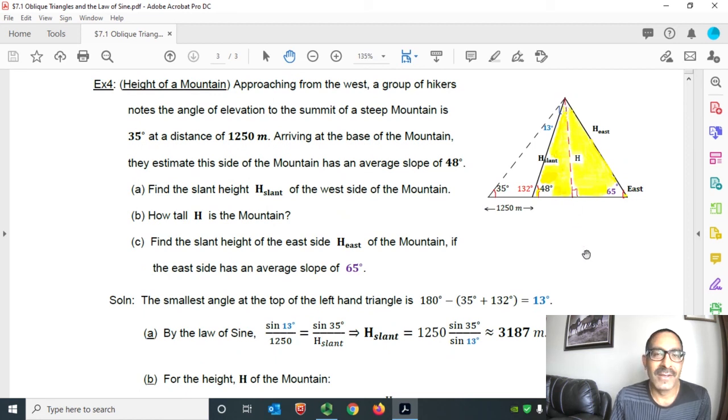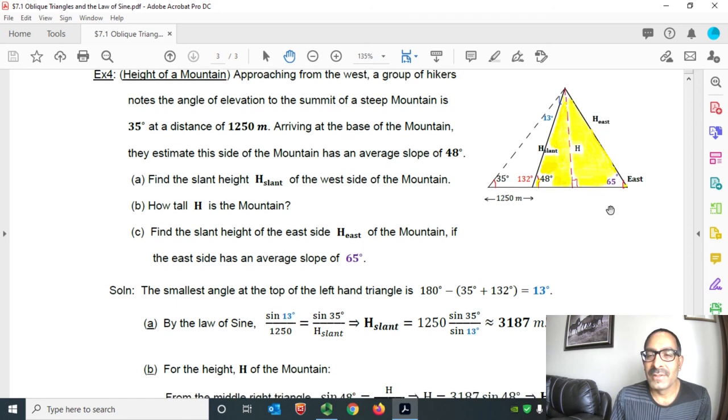Now finally, in part C, we need to find the slant height of the east side of the mountain, which I denote by h east. Now this angle is 65 degrees, this is 90 degrees. We can easily find this angle if we need.